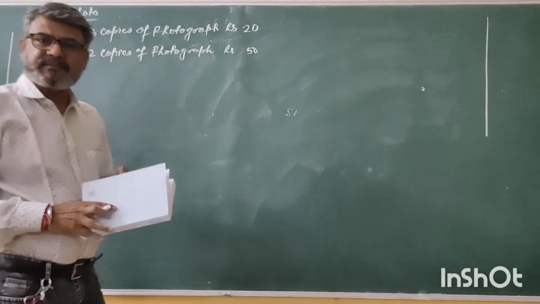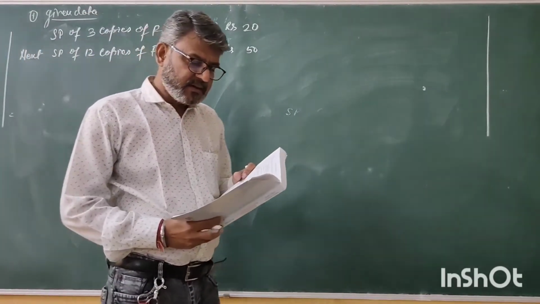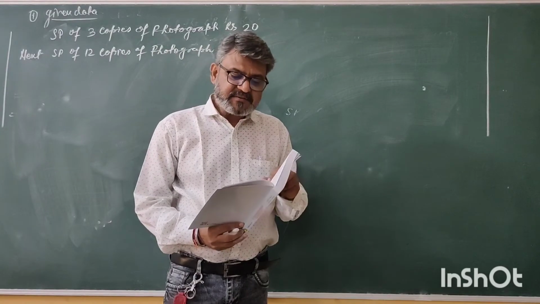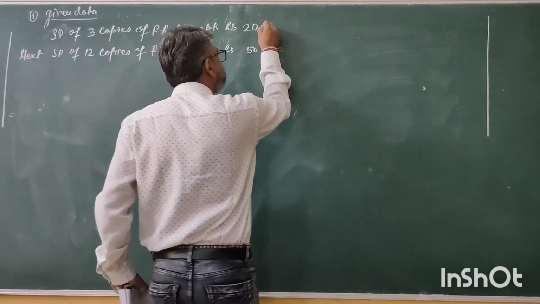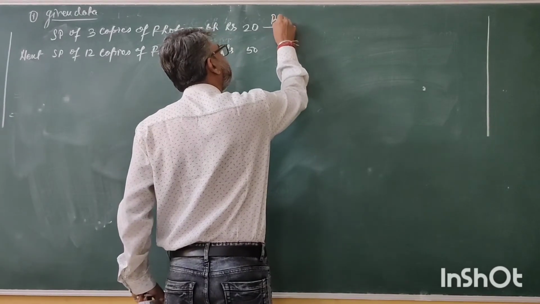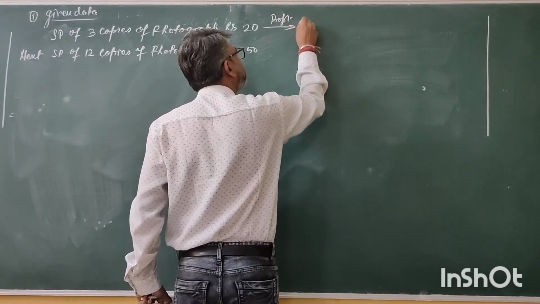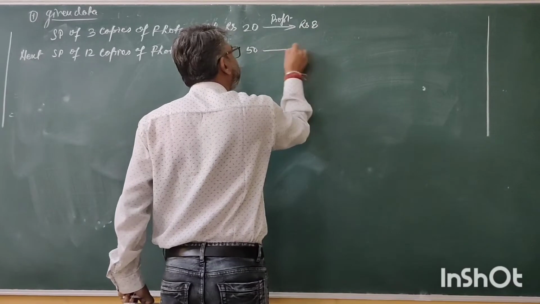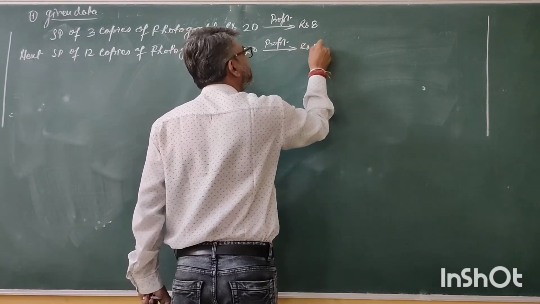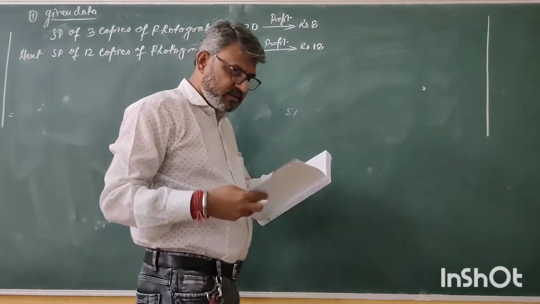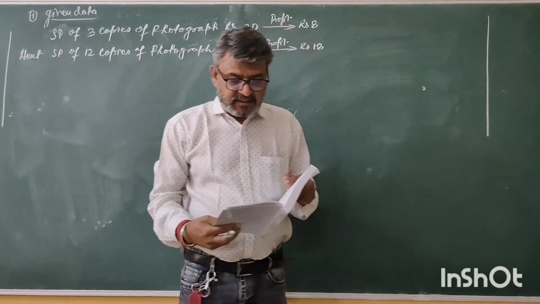This is the given data as per the question. And his profits are 8 and 18 respectively. In this question, the profits are ₹8, and again the profit is ₹18. This is the question. Understand?